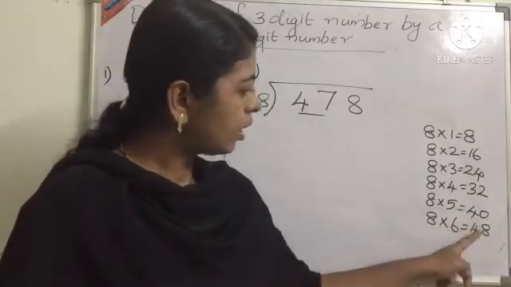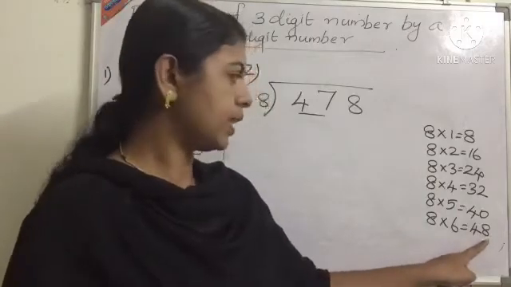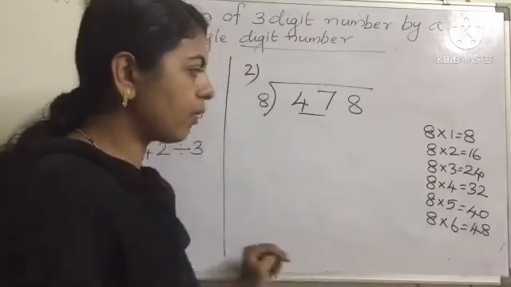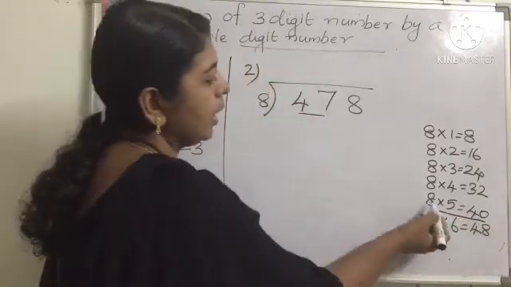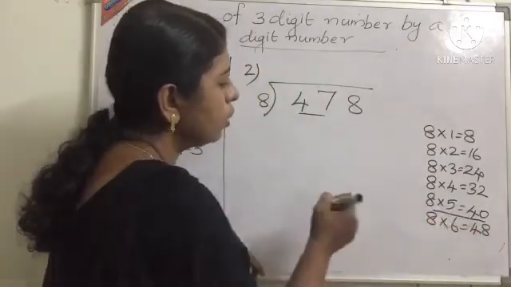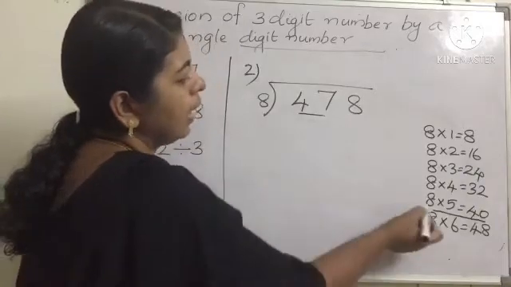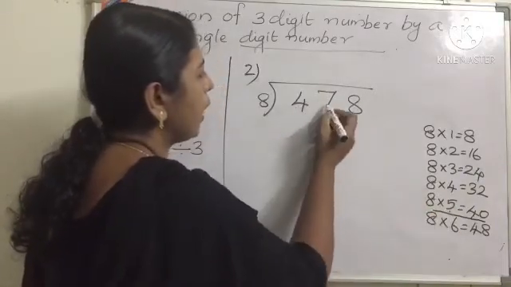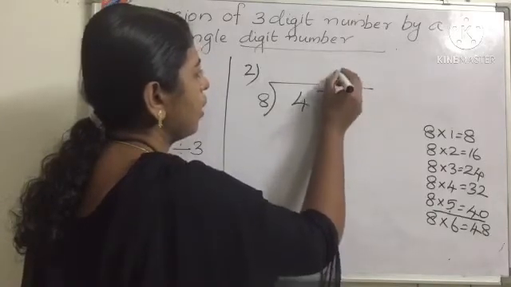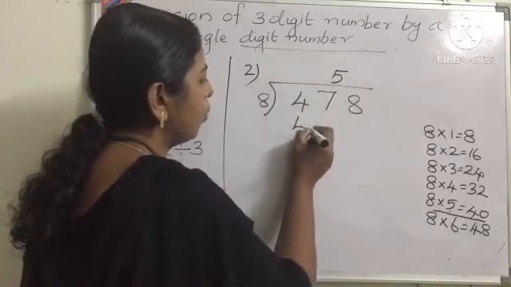Here 48 is more than 47, so we don't want to take that value. So we go to this one, 8 into 5 equal to 40. Then 8 into which number? 5. So we write this 5 above this 7. It's 40.